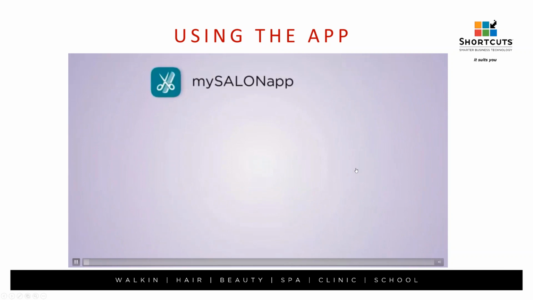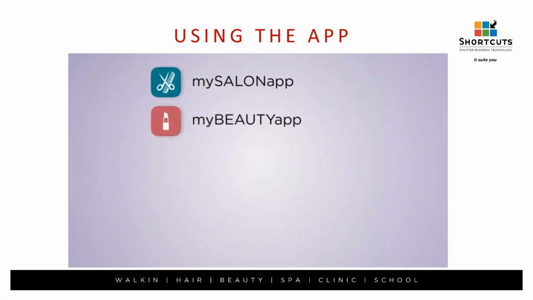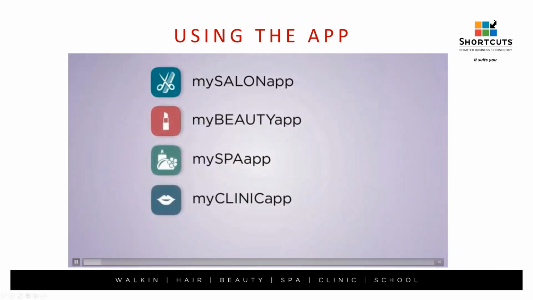So first of all, you need to advise the clients which app to download. Again, just to recap on the apps that are available, you have My Salon app, My Beauty app, My Spa app, My Clinic app, and My Barber app.